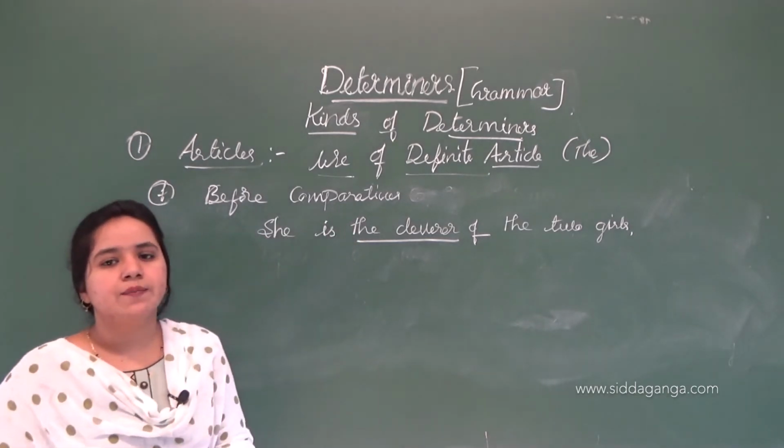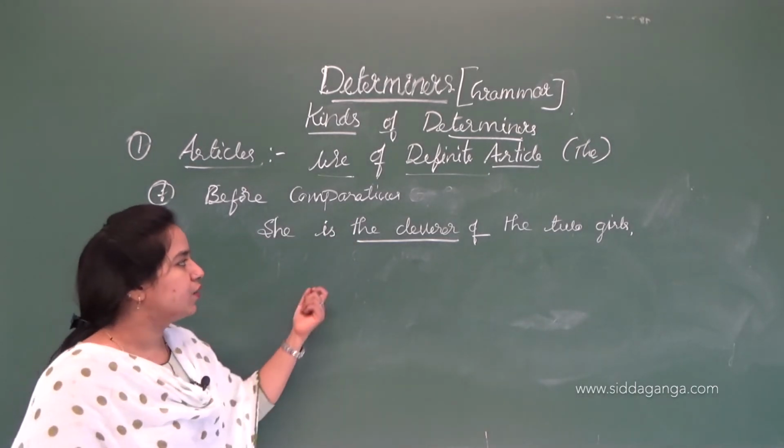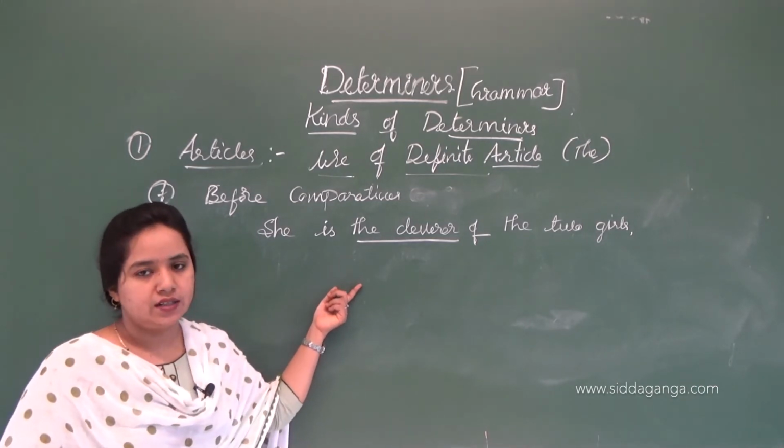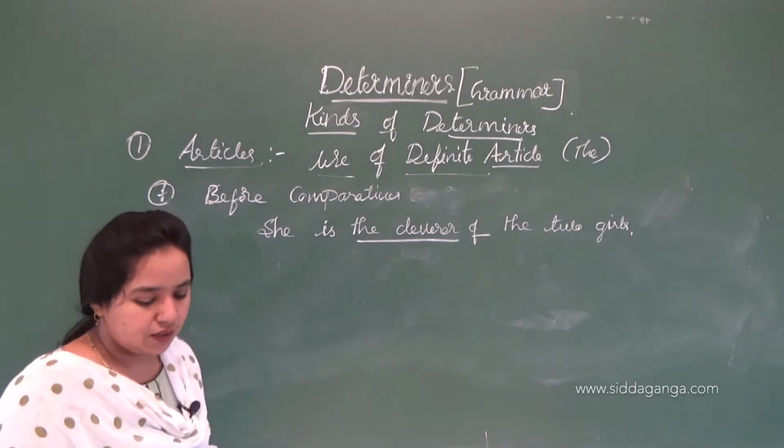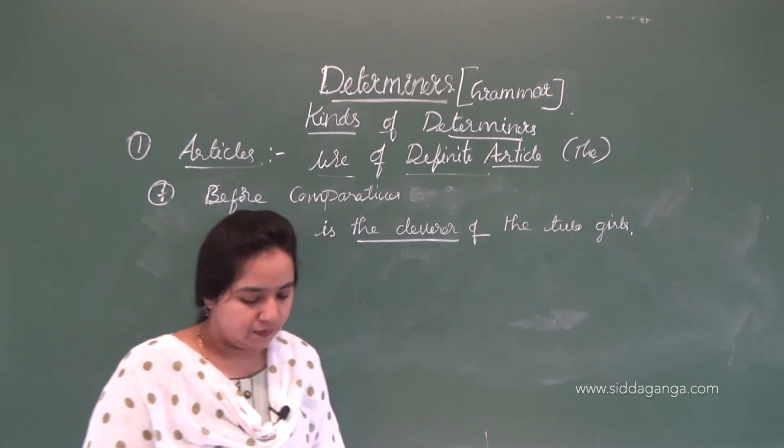When one girl is compared with the other girl, in that case we use the definite article before the comparative, that is, the cleverer.